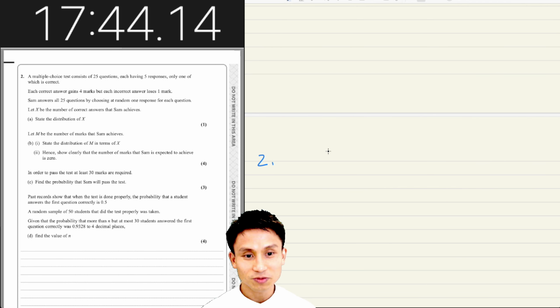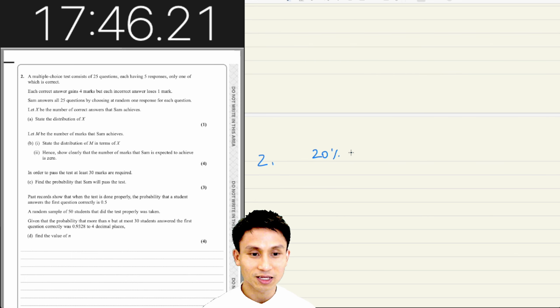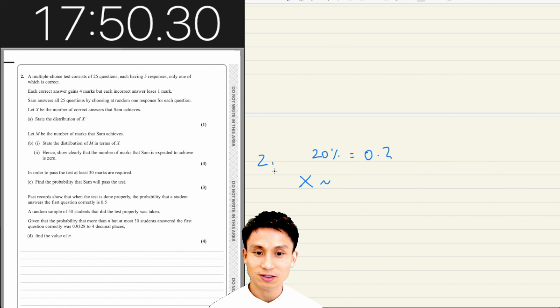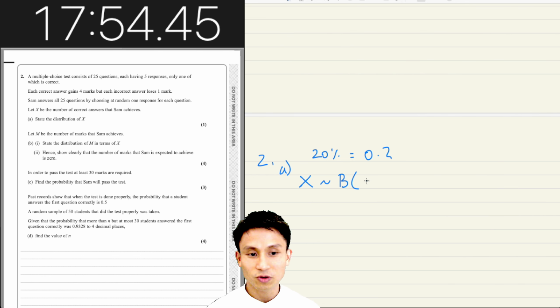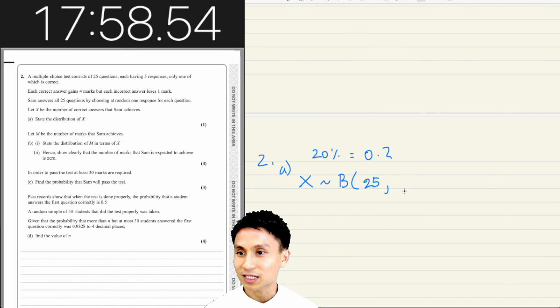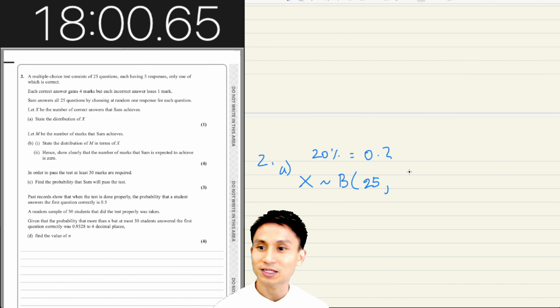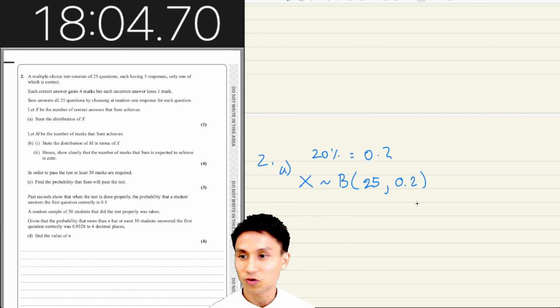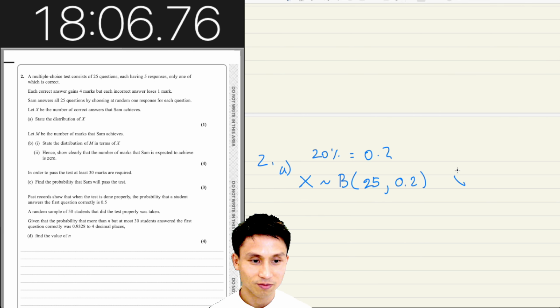So 20% chance is 0.2. That means we're going to model this as binomial. And there are 25 questions, so that's n. And the probability of success, for X the number of correct answers, each one being 0.2. All right, so that's it, binomial.